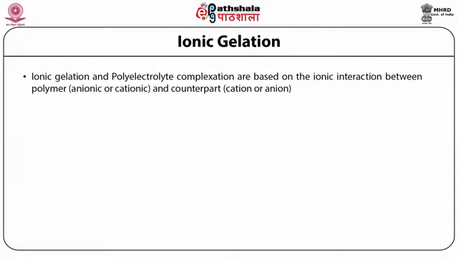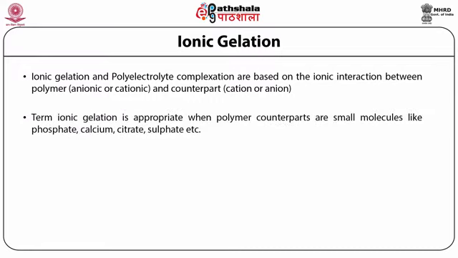Ionic gelation and polyelectrolyte complexation are based on the ionic interaction between a polymer, maybe anionic or cationic, and its counterpart, that is cation or anion. Ionic interaction between these two moieties undergoes a stage named material transition, that is from liquid stage to gel, which results in nanoparticle formation.